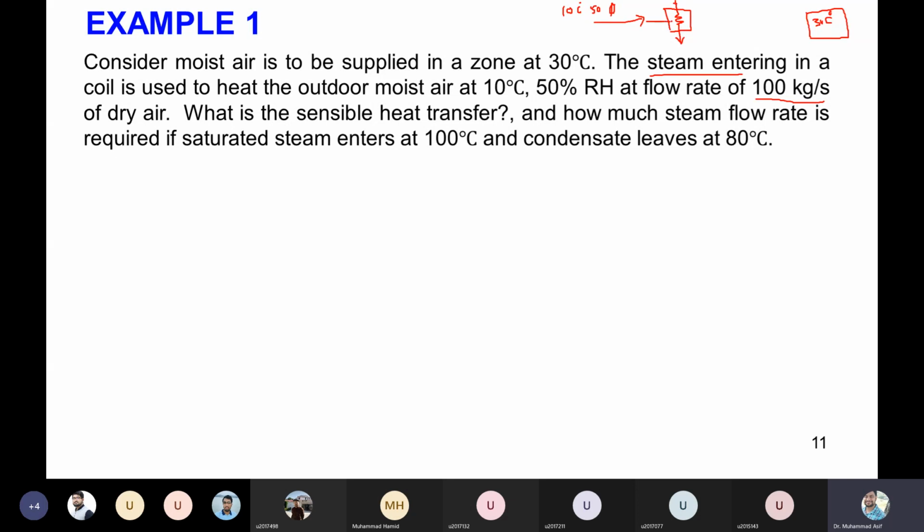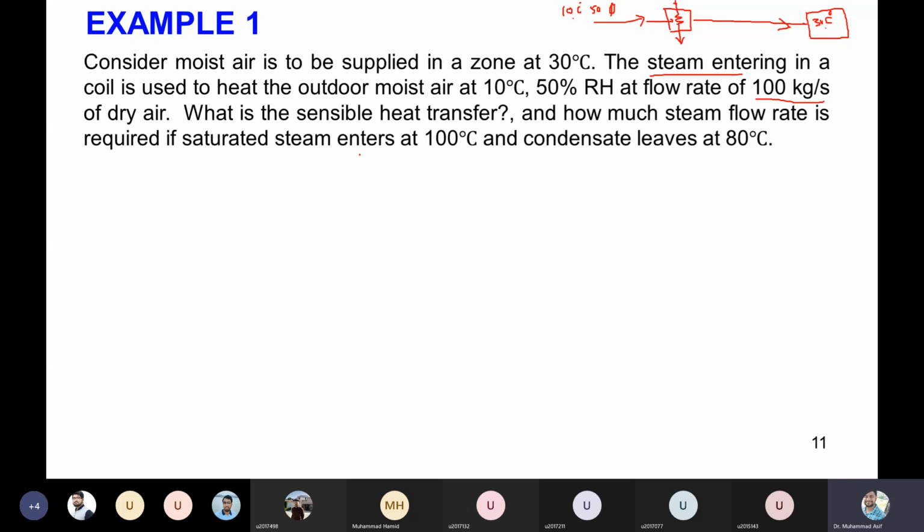When the air comes in contact with it, the temperature increases to 30 degrees C. So this is a simple example of a simple heating process. What is the sensible heat transfer? In order to increase the temperature from 10 degrees C to 30 degrees C, how much is the sensible heat transfer, and how much steam flow rate is required? You need to figure out the steam flow rate.